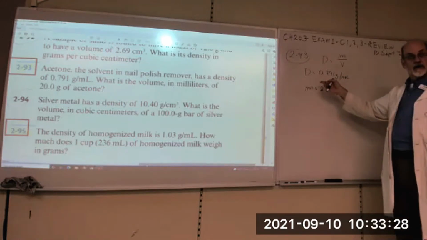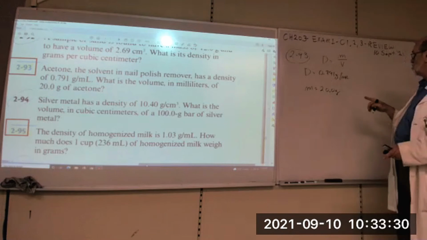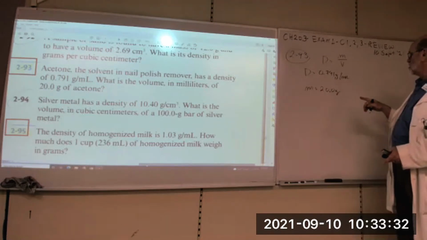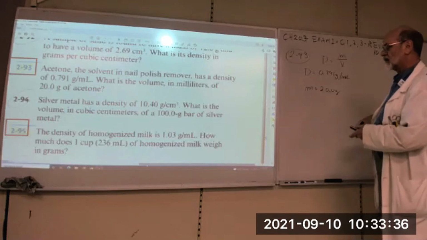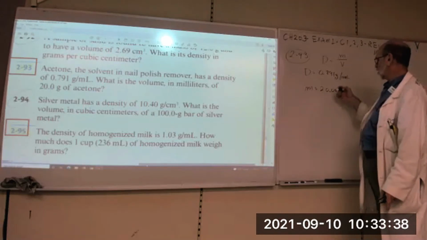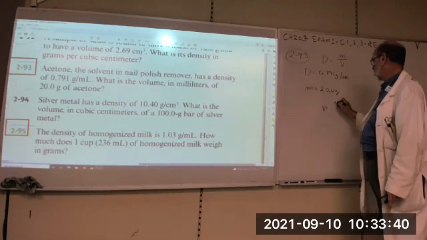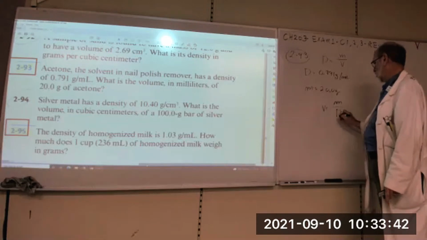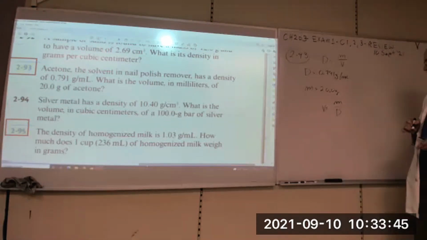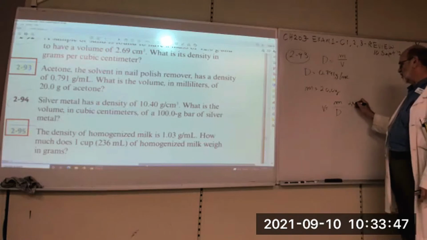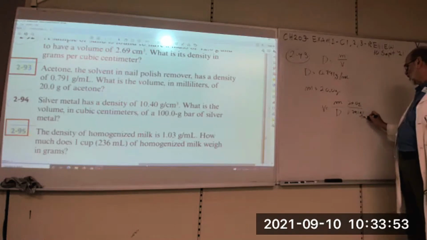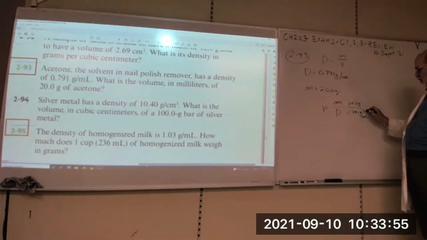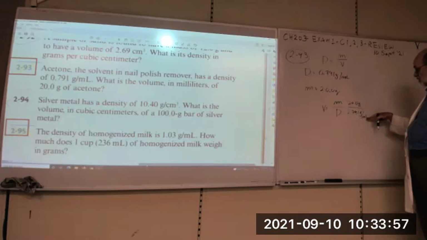So the grams and the grams cancel out, and you're left with milliliters. Well, I would solve it for the question first. What's the volume? So let's solve it for the volume. Correct? Okay, now you can plug in your values. 20.0 grams, 0.791 grams per milliliter. Right, grams cancel. Leaves you with milliliters.